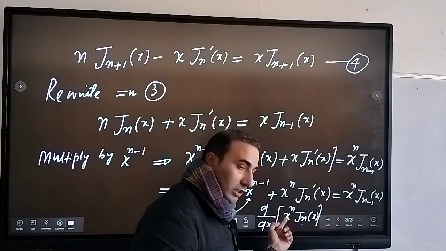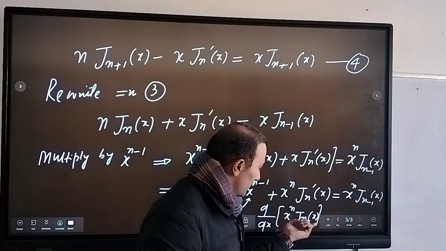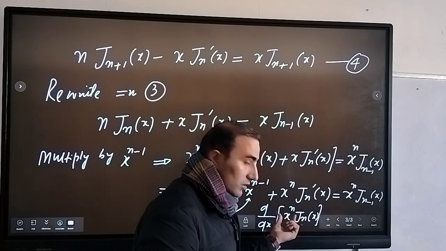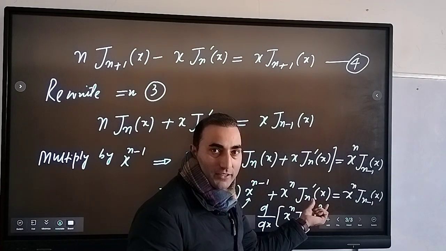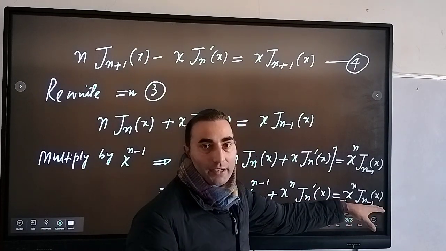Second, when you keep x raised power n as constant, differentiate the second term. So the first factor will be x raised power n and we differentiate the second term, so it will be Jn dash of x. So that is this term. This will be equal to the right hand side, right?